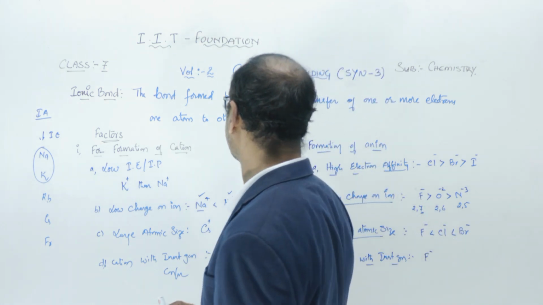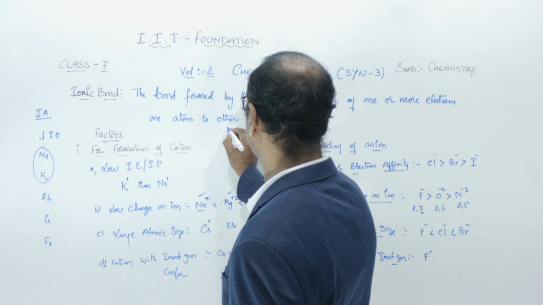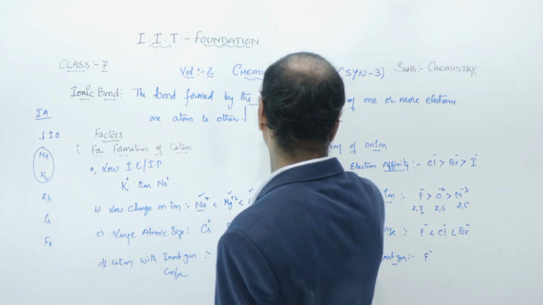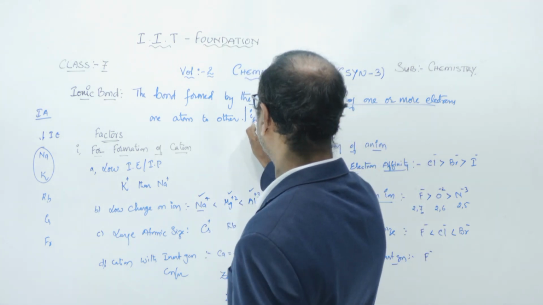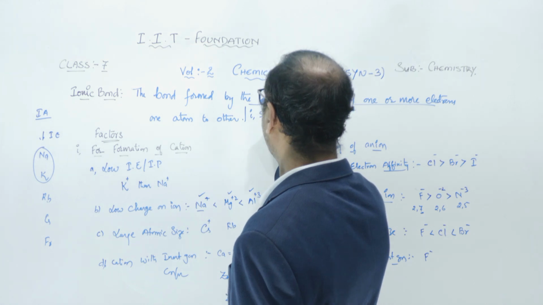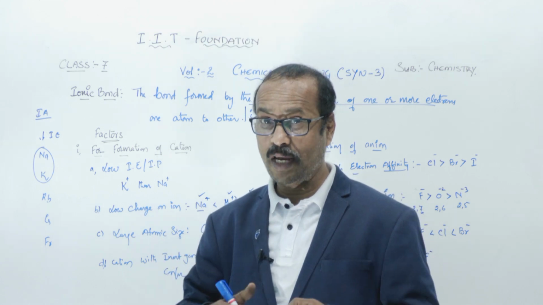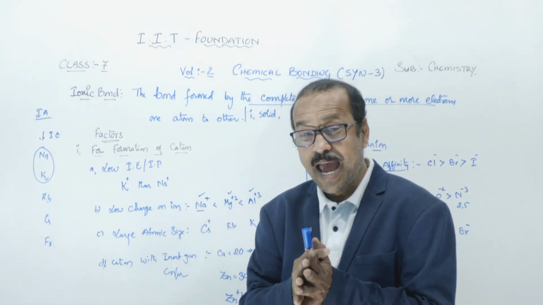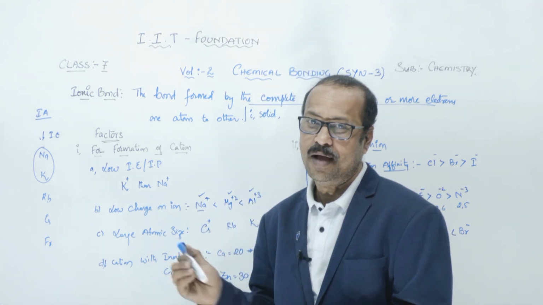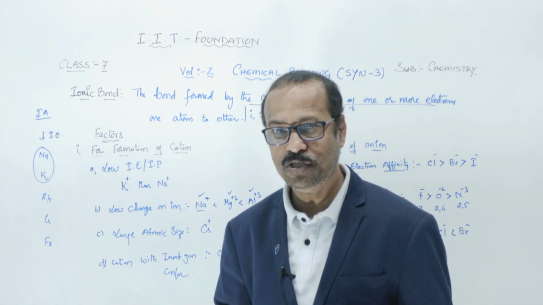So generally ionic compounds are, first one, solid in state. Why? If they ask you why they are solid, what do you write? Because a strong electrostatic force of attraction exists between the ions. So that's why they are solid.